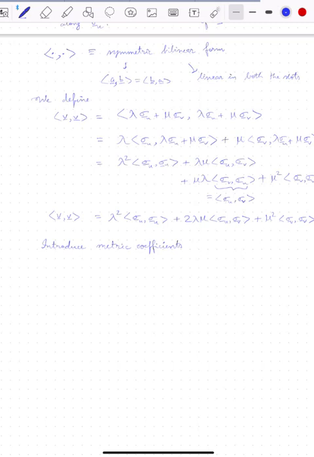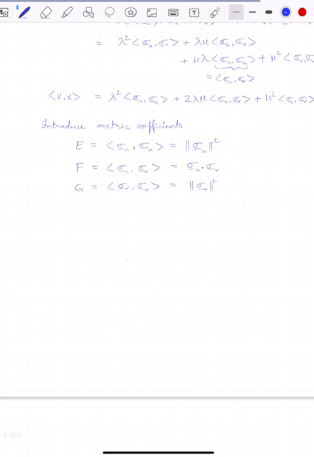So we introduce these metric coefficients, which are E is equal to the inner product of sigma u with itself. This is just the norm of sigma u whole square. And F is equal to the inner product of sigma u and sigma v. And this is sigma u dot sigma v. Likewise, G is equal to sigma v comma sigma v, which is just the norm of sigma v whole square.